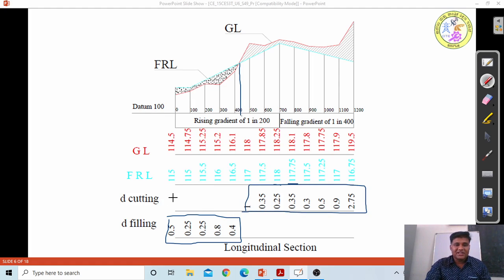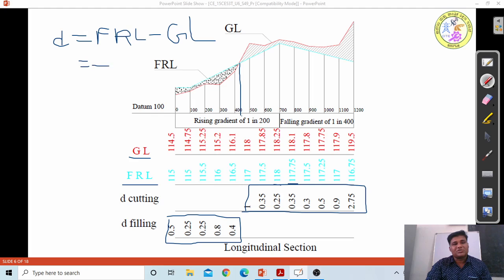The depth in filling or depth in cutting will be calculated by D is equal to the formation level minus ground level. Formation level minus ground level. If the answer is positive, then it is called filling.